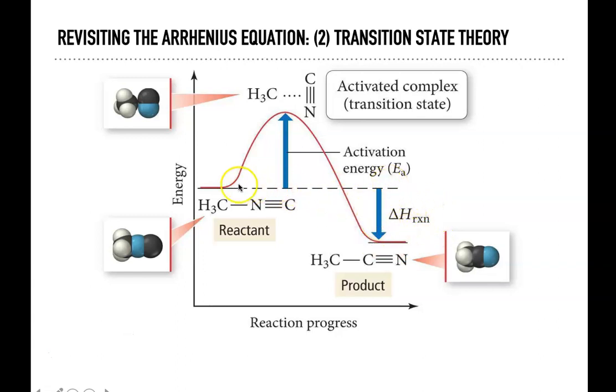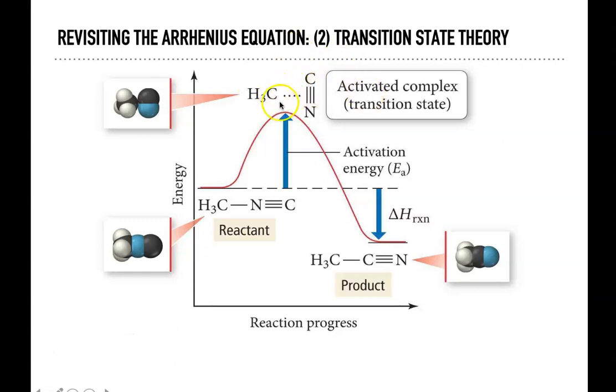The activation energy is the energy level difference between the reactant potential energy and the top of the hill. At the top, this energy corresponds to the intermediate transition state. We call the transition state the activated complex.